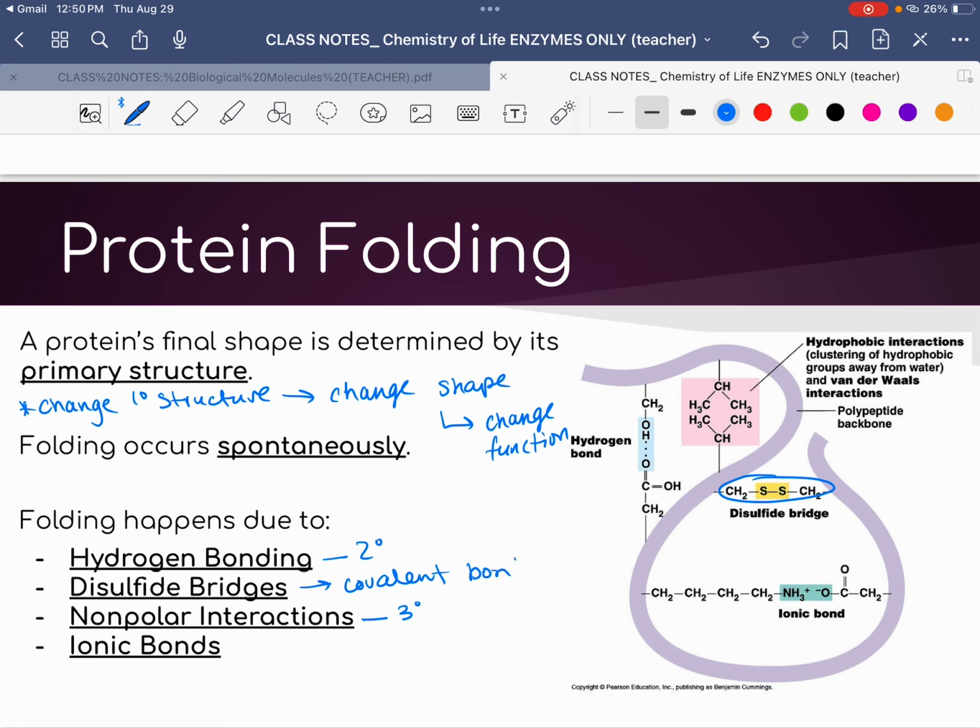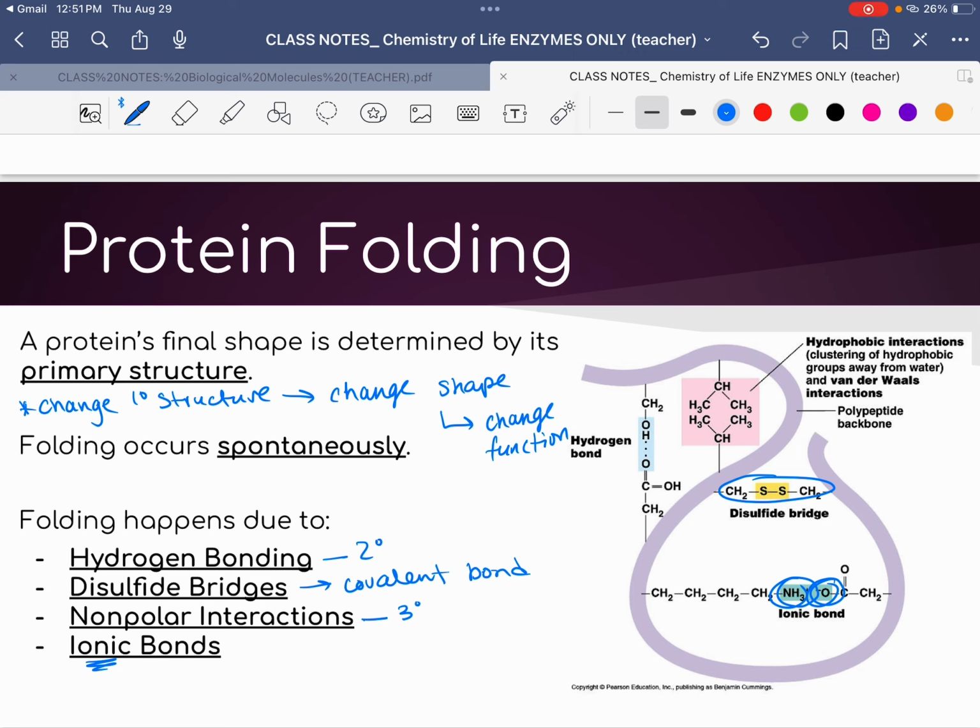bond, right? And we talked about how there's positively charged and negatively charged R groups, and these can form ionic bonds, right? Ionic bonds and covalent bonds are quite strong. They're stronger than hydrogen bonds and nonpolar interactions. So there's all sorts of different interactions that help with the folding of these proteins.